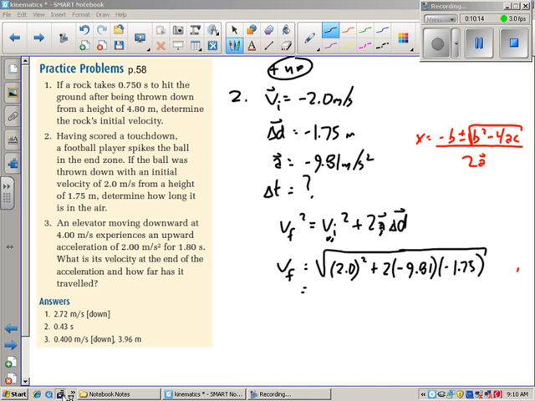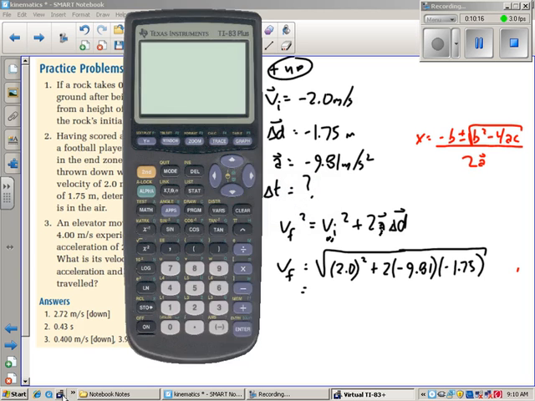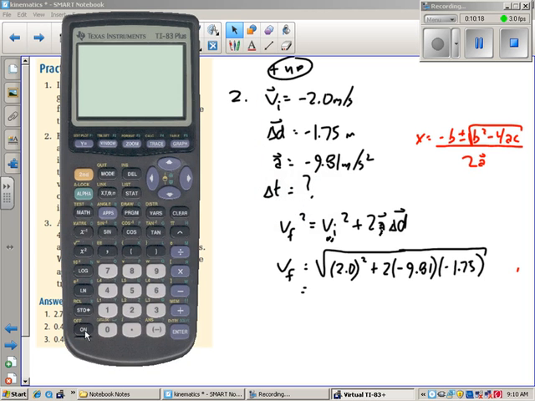Let's get the value of VF there. We get 2 squared plus, let's do some brackets here now, 2 times neg 9.81 times neg 1.75. Get 38.335.